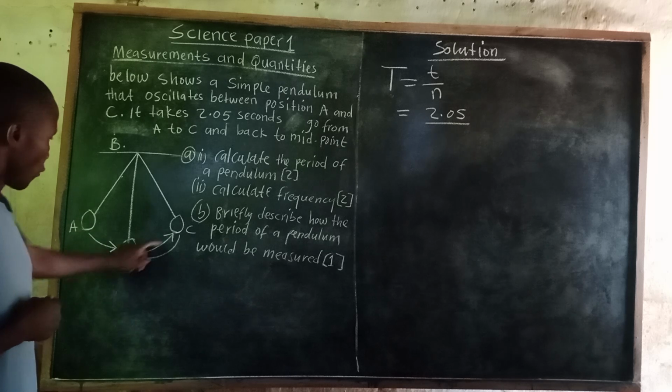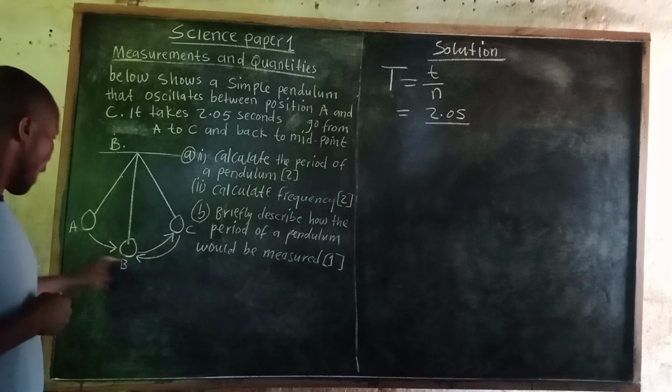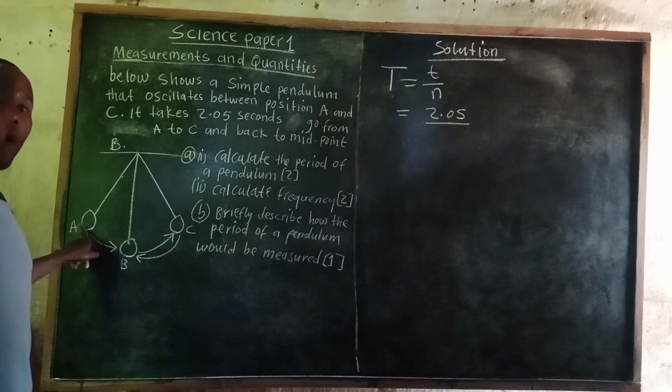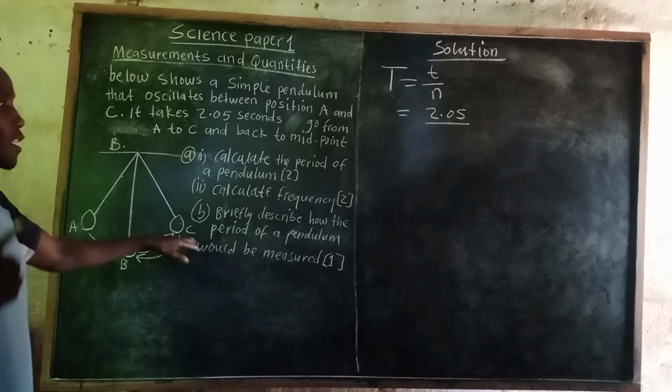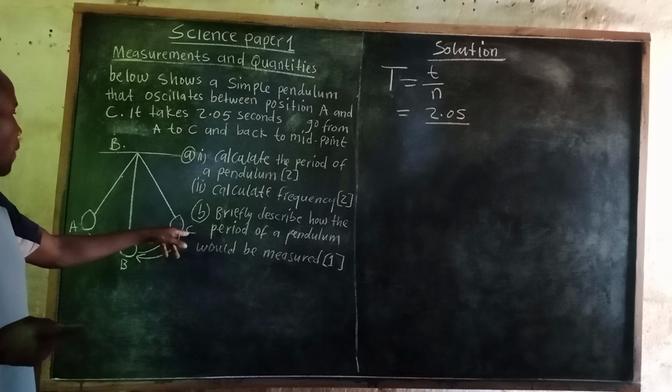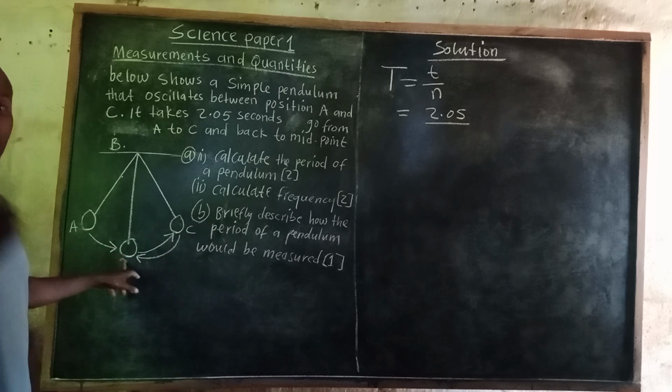From here it moves up to here, that is one oscillation. Just moving from point A to C is half, then from C to B is a quarter.